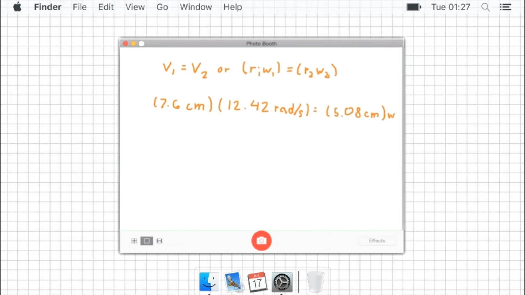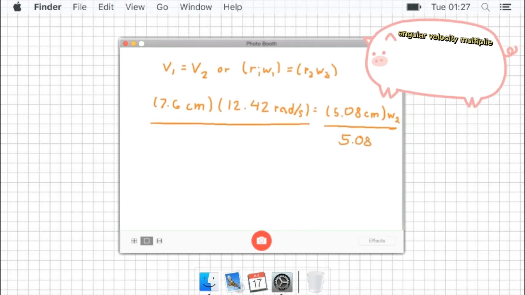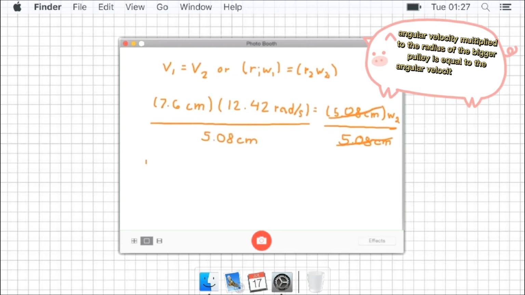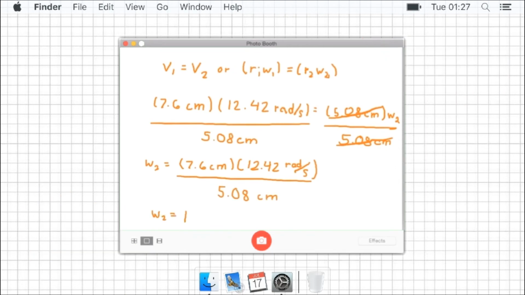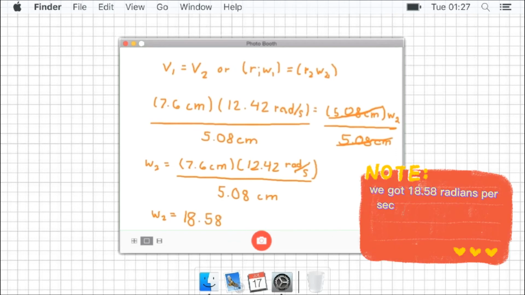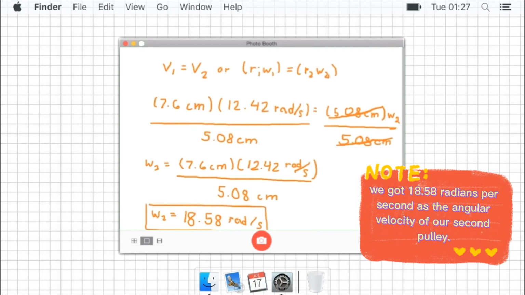Knowing this, we can infer this formula, where the angular velocity multiplied by the radius of the bigger pulley is equal to the angular velocity and radius of the second pulley. A little derivation later, and we arrive at this, where we can easily simplify the problem and get the angular velocity. And in doing so, we got 18.58 radians per second as the angular velocity of our second pulley.